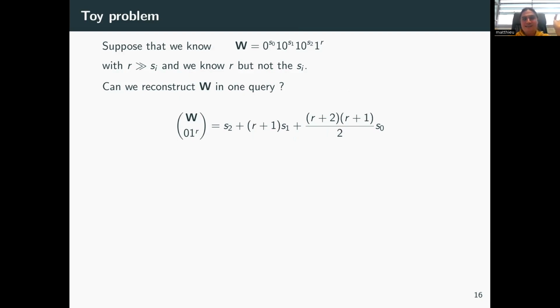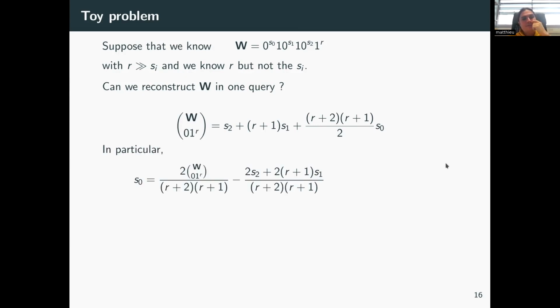Let me write it like this, where I've just written the binomial coefficient more explicitly. Now what I want to do is express S0 in terms of the rest. So I'm just manipulating the equation. I'm putting everything on the other side and then dividing by this quantity, which gives me the following. It's just a basic arithmetical manipulation.